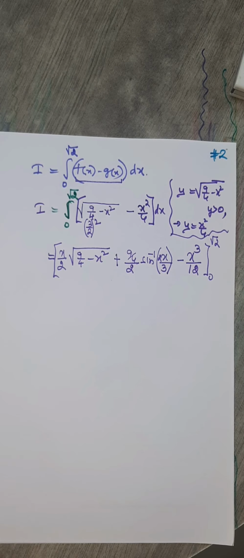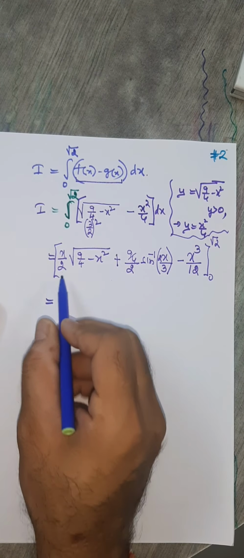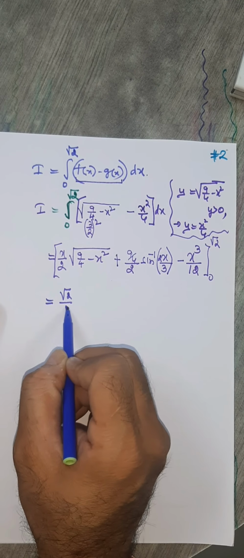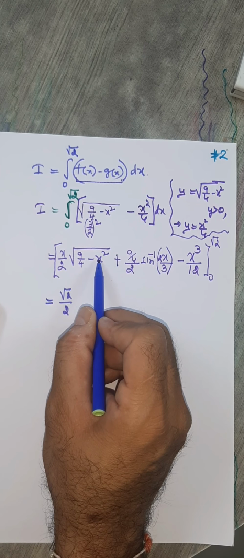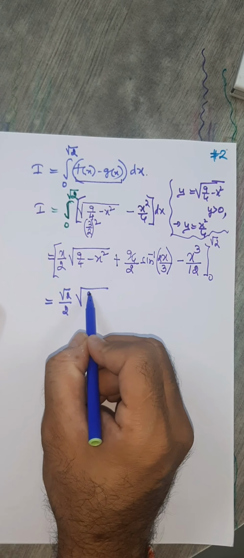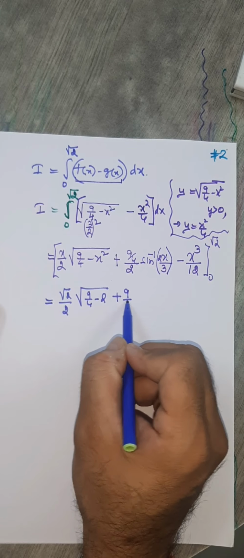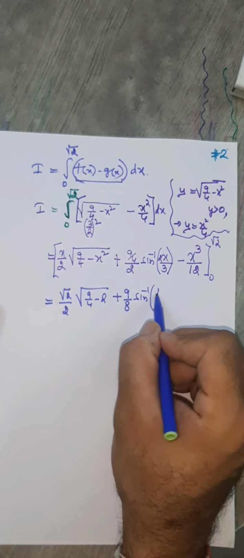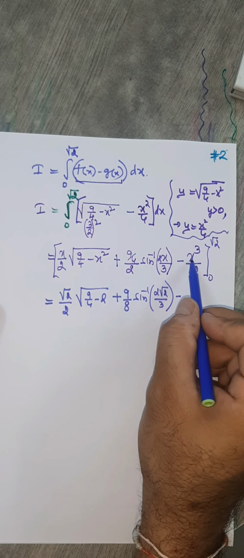So now your main work is over. Carefully put upper limit minus lower limit. I'm putting the upper limit. So here you are getting root 2 by 2. I'm putting root 2 here. So this is nothing but how much? 2. So let me write here 9/4 minus 2 plus this is 9/8 sine inverse 2 root 2 by 3 minus, I'm putting root 2 here.